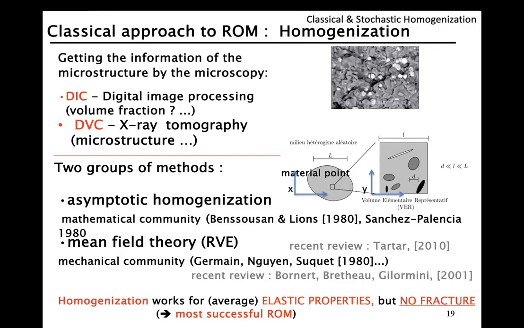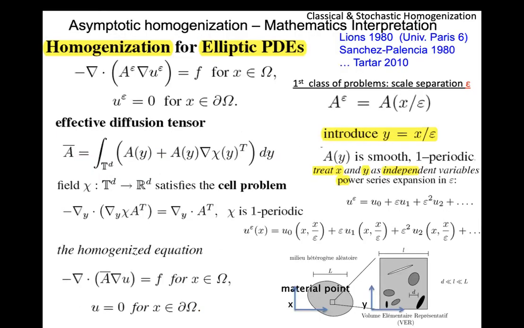But these initial developments, done at the end of the 20th century, were basically geared towards elastic properties and not much studying the problem of fracture. So this is what is done here. Typical homogenization, as I said, you take the response to be expressed as a power of some kind of small parameter epsilon, although in many applications, not all, they never really explain what this small parameter epsilon would be.